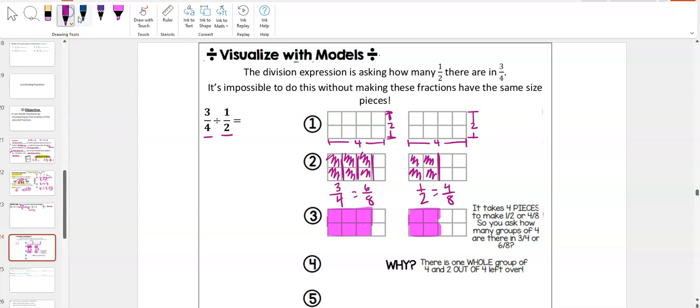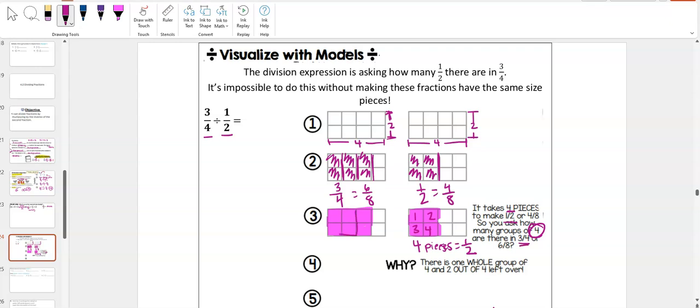What we realize now is that it takes 4 pieces to make 1/2, or 4/8, right? 1, 2, 3, 4. So 4 pieces make 1/2. We need to know how many groups of 4 pieces are in 3/4.